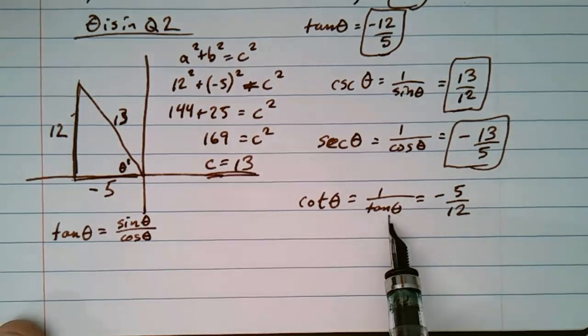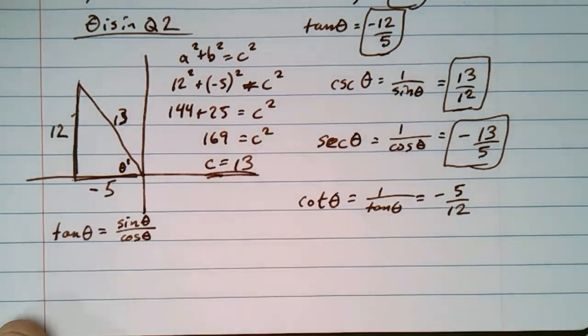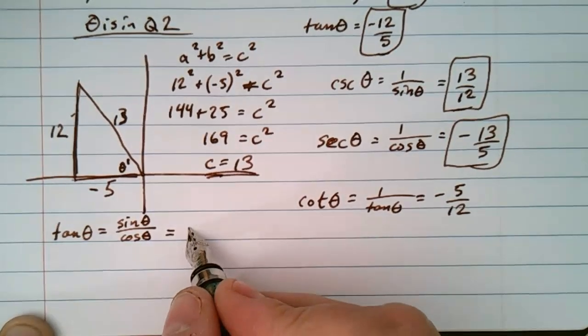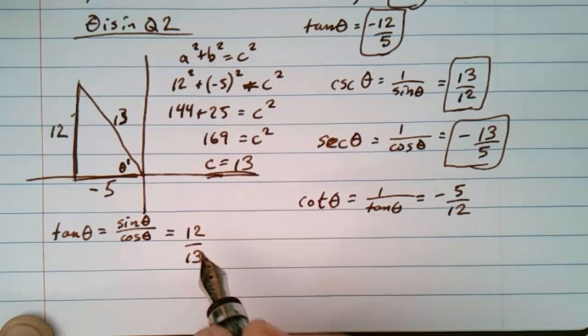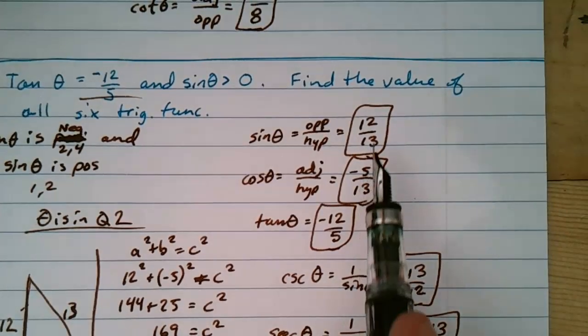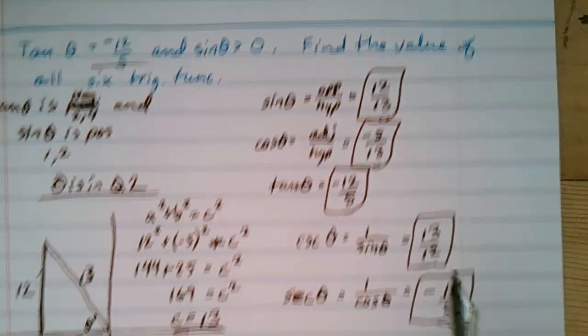Okay. Instead of saying cotangent is going to be adjacent over opposite, right, I could use this identity. And that's going to actually give me 12 over 13, that's sine of theta, divided by, make sure you see this, guys, sine of theta divided by cosine of theta.